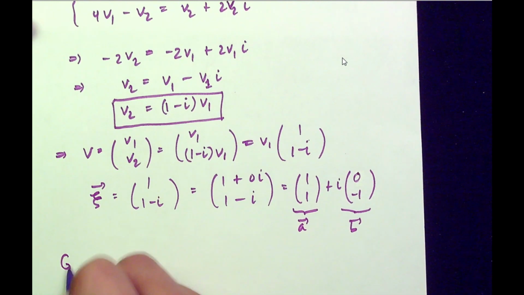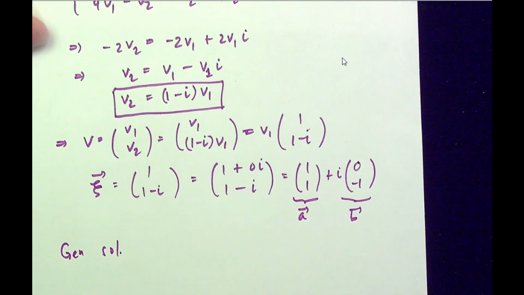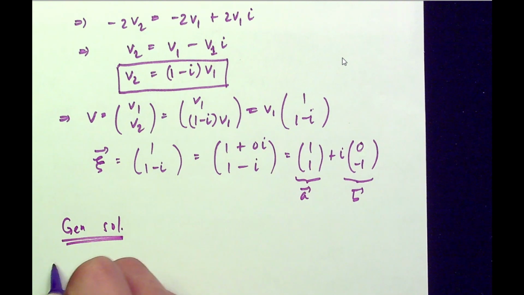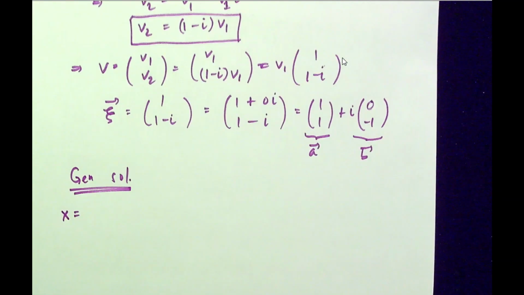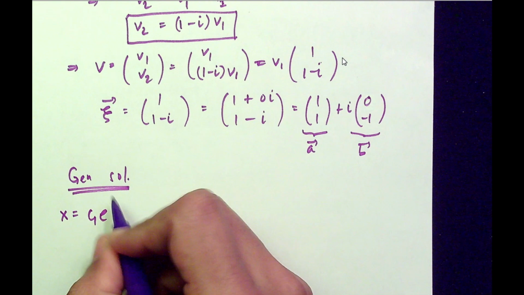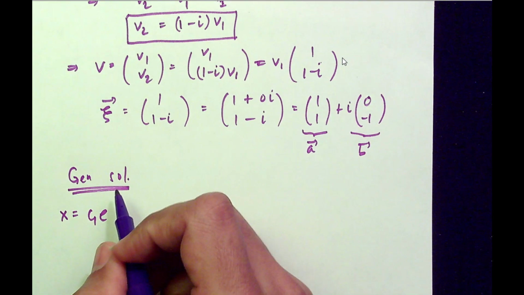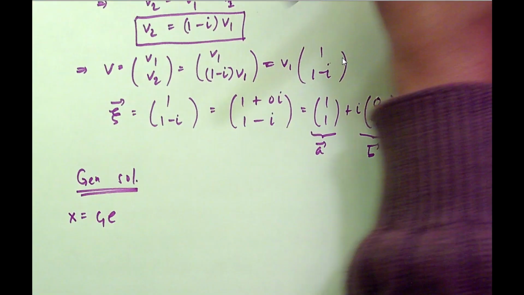So the general solution is going to be x equals c1 e to the lambda. And remember, the lambda in the theorem is the real part of the eigenvalue.